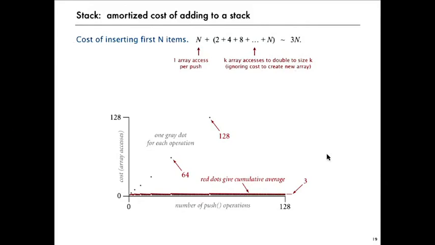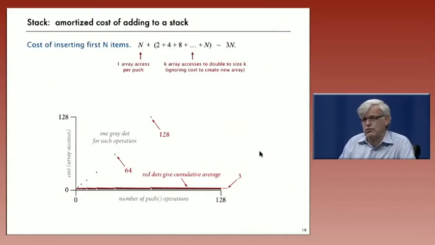So on average, it's like adding a cost of 1 to each operation. If you calculate the cost of inserting the first n items, instead of the sum of the integers from 1 to n, you have the sum of the powers of 2 from 1 to n, and that gives a total cost of about 3n. That's array accesses: for the copy there are 2 array accesses, so to insert n items it's about 3n array accesses.